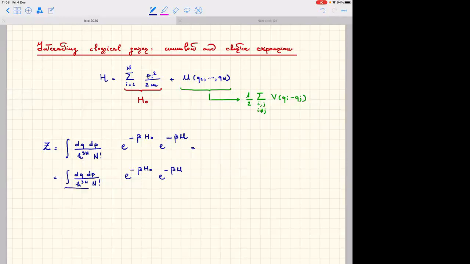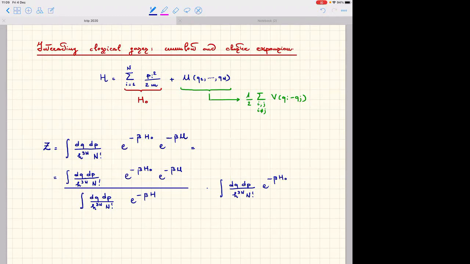So let me divide this by the integral dq dp over h to the 3N N factorial e to the minus beta H, and then multiply this by the integral dq dp over h to the 3N N factorial e to the minus beta H naught. Okay? So why did I do this?